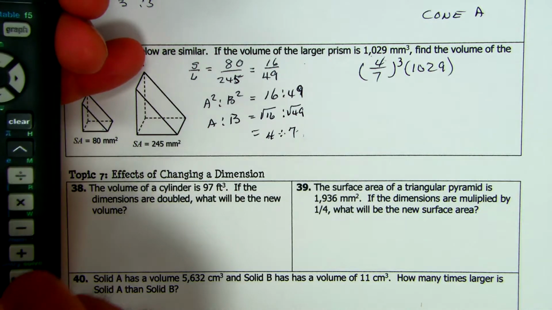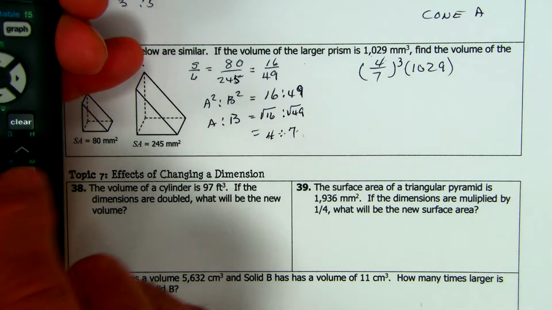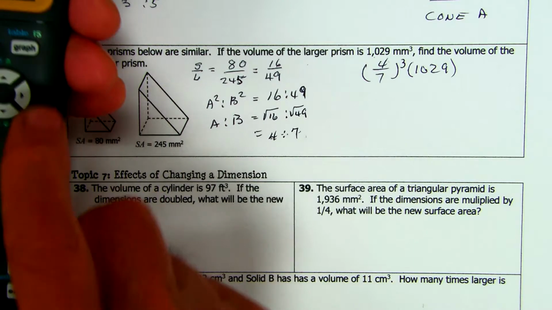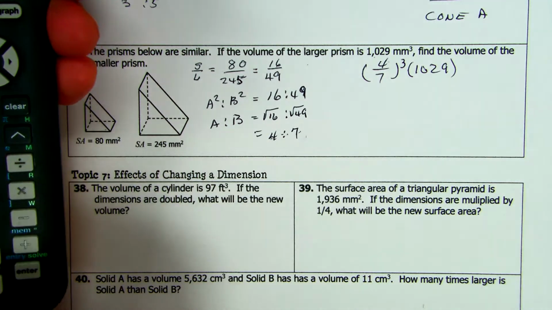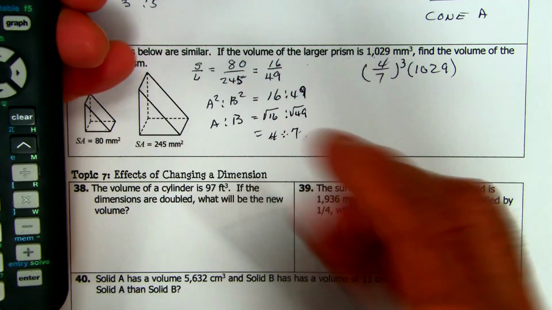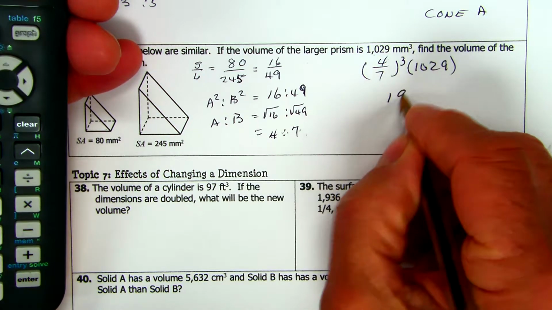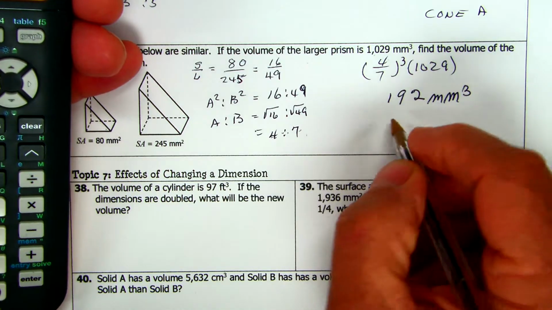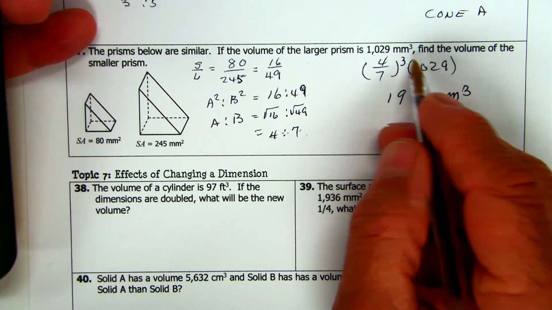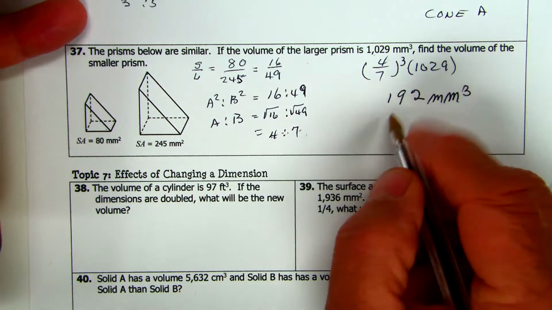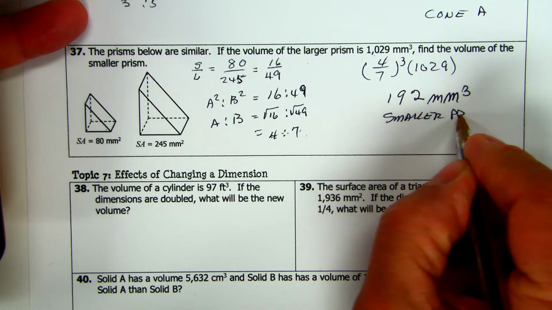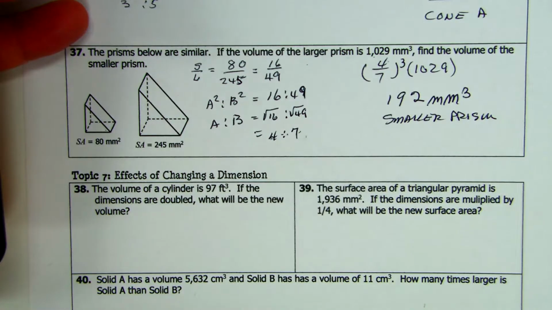So we had in parentheses 4 divided by 7 raised to the third power and times 1029, and I get 192 millimeters cubed. So that would be the volume of the smaller prism. 192 millimeters cubed.